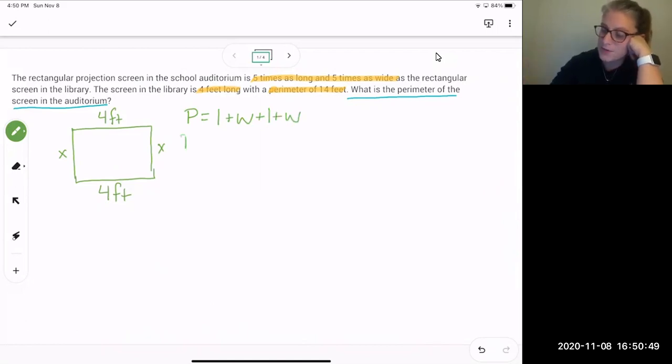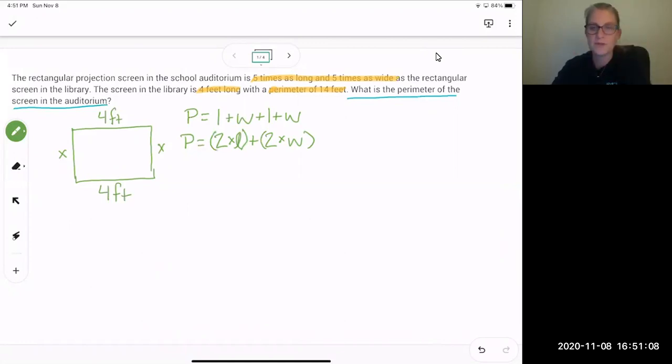The perimeter is also equal to 2 times the length plus 2 times the width. And I'm going to put these in parentheses because the parentheses mean we have to do whatever's inside of the parentheses first.